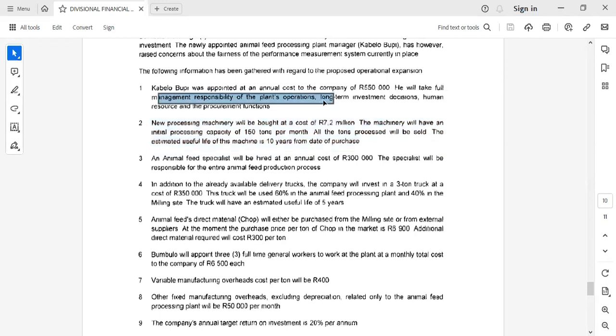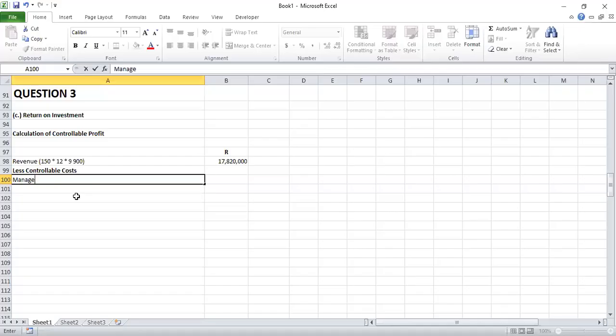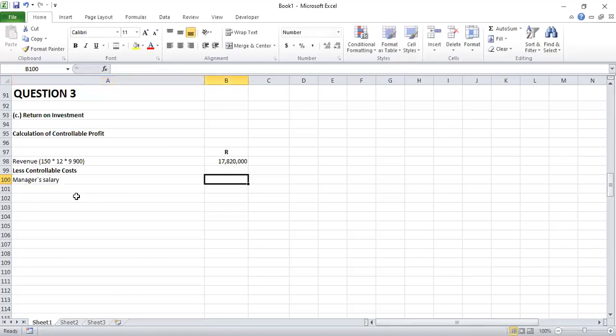So considering that he is the one in charge of the full responsibility of the management, we can also take this cost as part of the cost of the division. Right. So let's say the manager's salary.